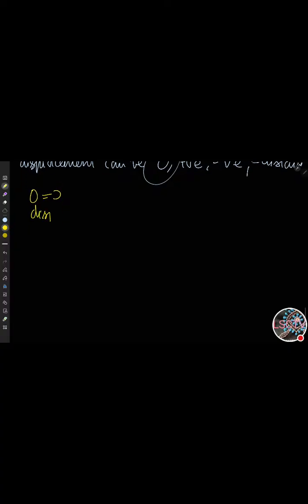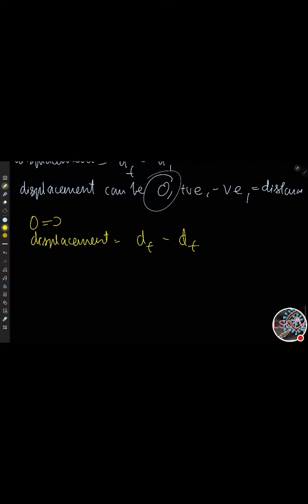Now what is displacement? Displacement is equal to final position minus initial position. Got it? Okay. That is correct.